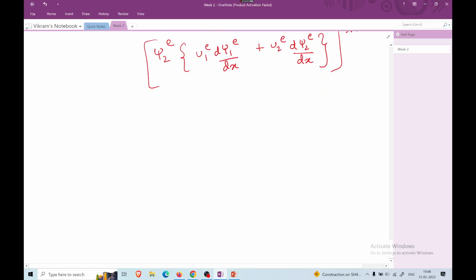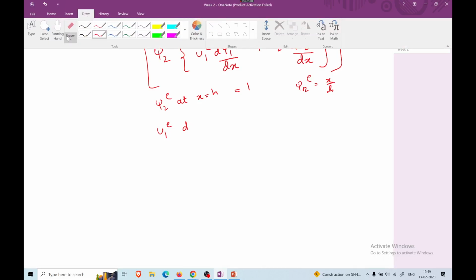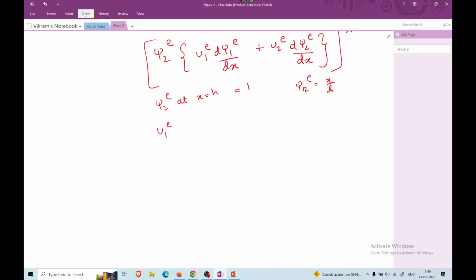This psi 2 at x equal to h is 1. Why? Because psi 2 was x by h, so h by h is 1. So now I am going to evaluate u1e. I am going to directly substitute the value. What is d psi 1?